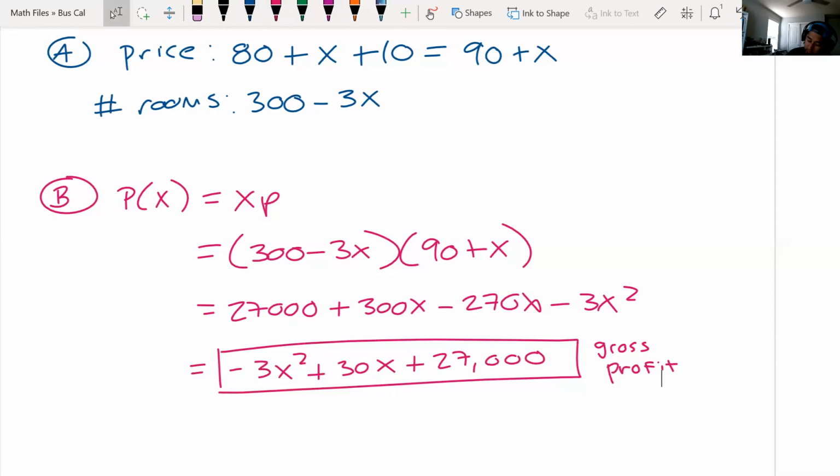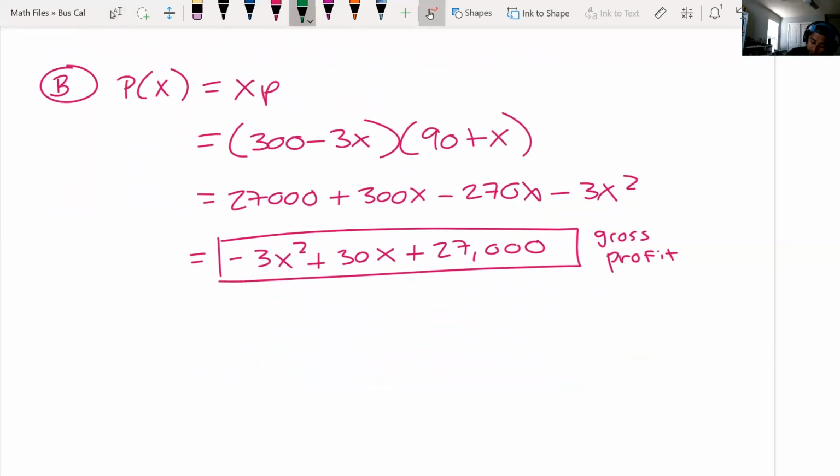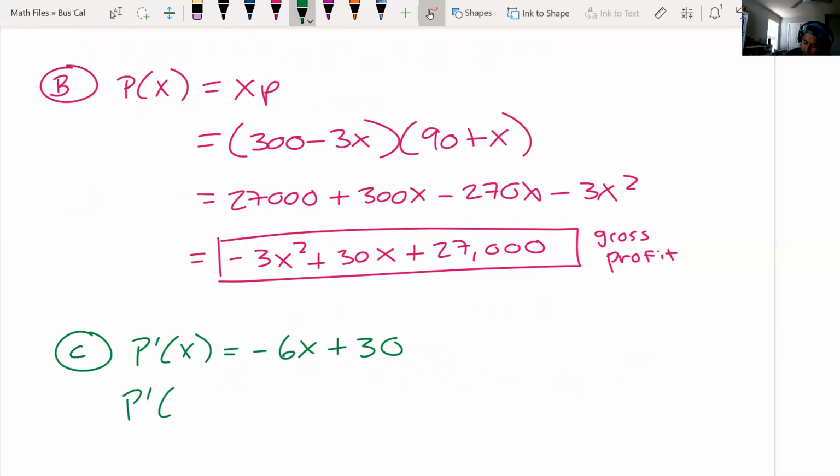And that's where we take the derivative. Negative 6x plus 30, set it equal to 0.